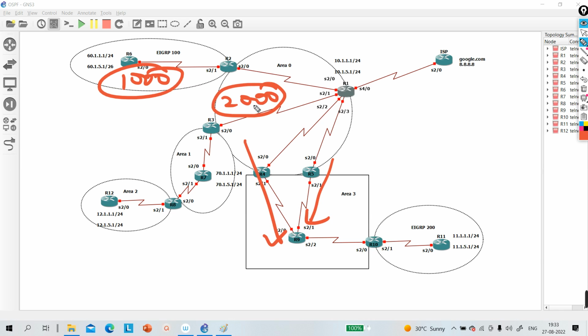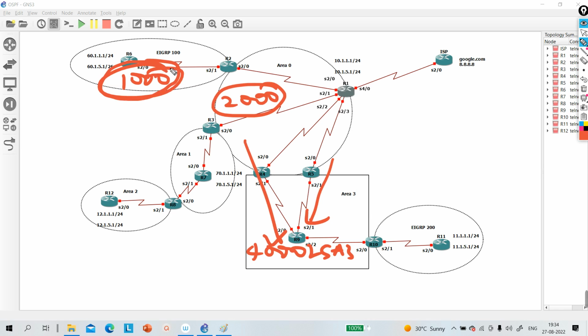Router 9 will receive 4000 LSA 3: 2000 LSA 3 from router 4 and 2000 LSA 3 from router 5, because both routers will generate LSA 3 to share inter-area prefixes. So this router will receive 4000 LSA 3, and in the same way it will receive these 1000 external prefixes from router 4 and router 5.